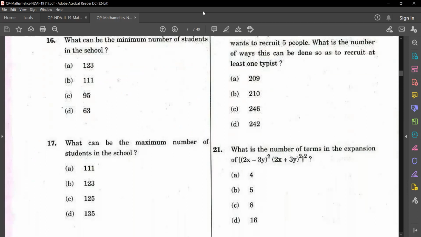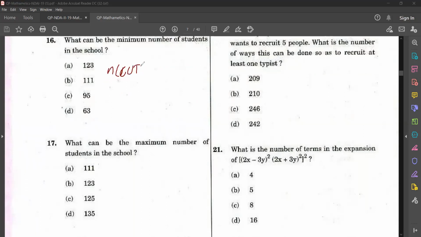So you have to find n of C union T union P. The same equation I have to use, as I need the maximum number of students. Here n of C is 60, n of T is 50, n of P, carom, I took as P, 48. You can take A, B, C, anything is okay.